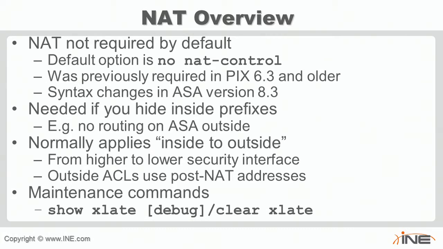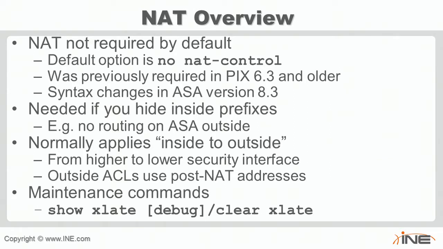And we'll look at some examples here of how that's different when we're doing a dynamic translation versus a static translation, where static translations are considered fully extendable, which means that we are allowed to move traffic from the outside in without first having to initiate it from the inside out.